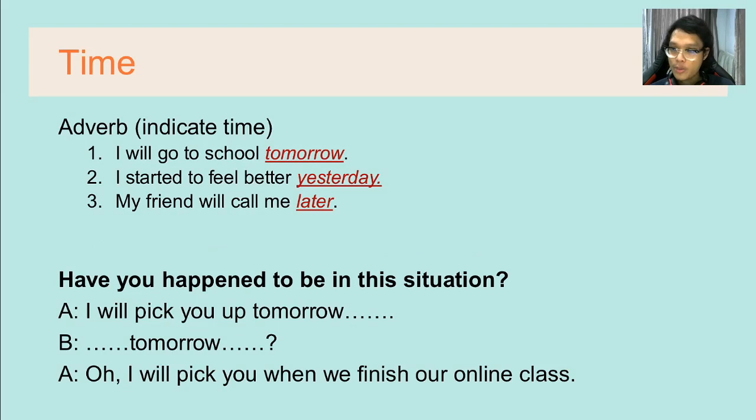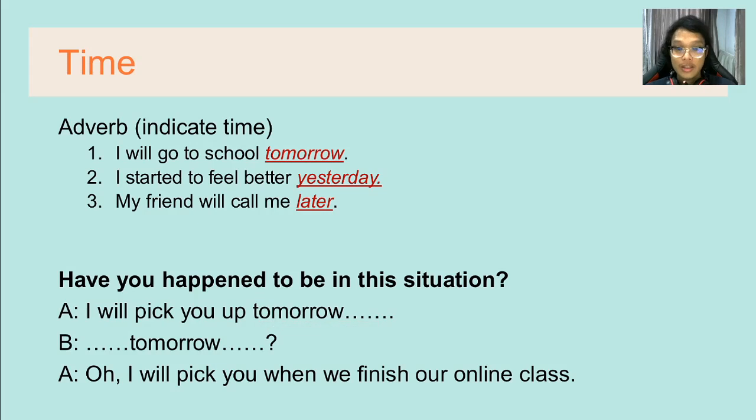I will pick you up tomorrow. Assuming that I am your friend, and tomorrow we have a meeting. We want to go to watch a movie at Tesco Lotus Nakhon Pathom, and then I tell you that I will pick you up tomorrow. What does tomorrow mean?